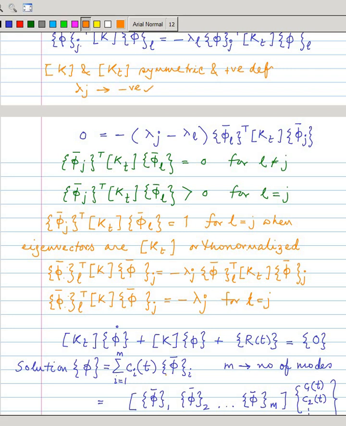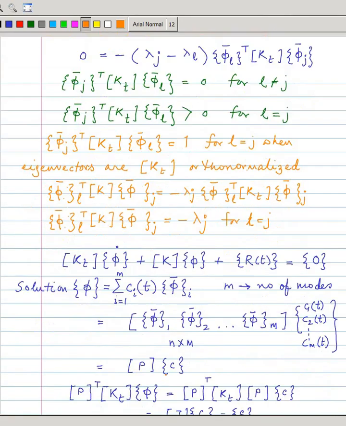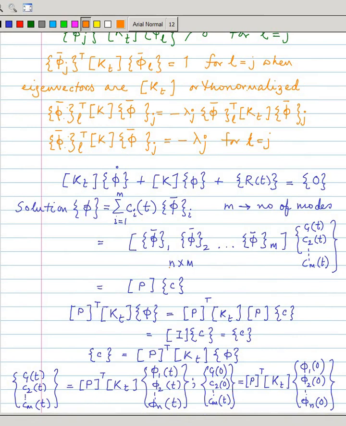Now if you go to the actual equation, this is the actual equation. So now you may not take all the modes.